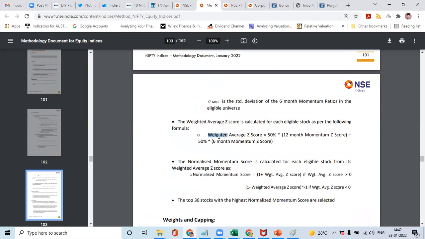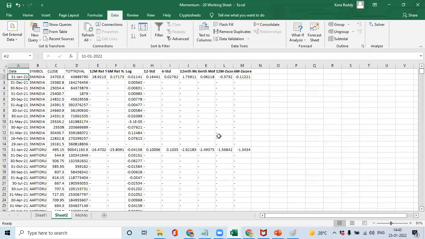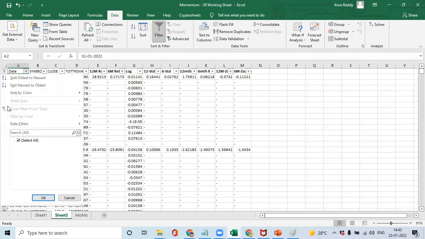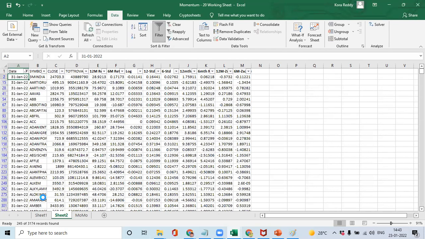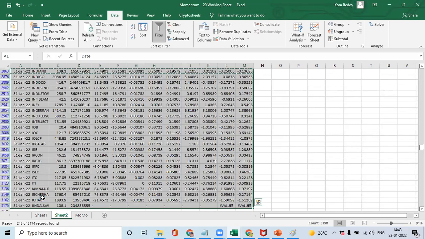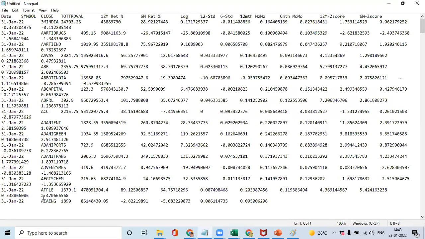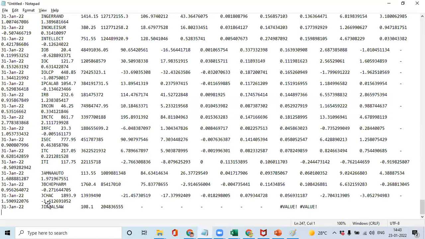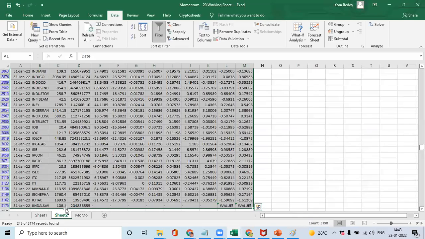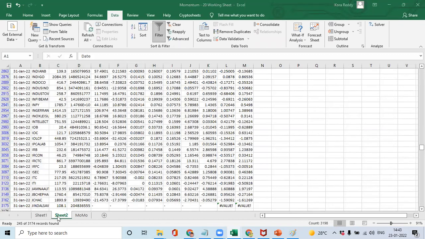Now he's asking us to calculate a weighted Z score. So how do I do that? Filter. I want only those Z scores. And so this is my data. Because there is a formula involved, I transfer into Notepad and come to this.